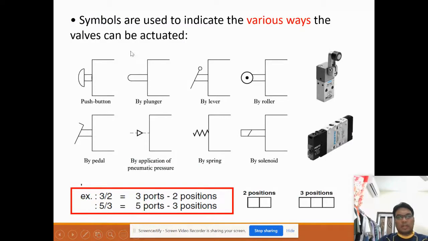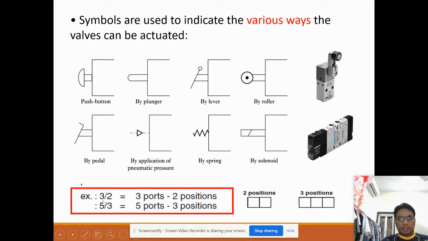You can use various symbols that indicate the various ways the valve can be actuated. For the poppet one, we use a push button, and for the spool we use a solenoid. Instead of that, you can use a plunger, a lever, roller, pedal, the application of pneumatic pressure, and also the spring.